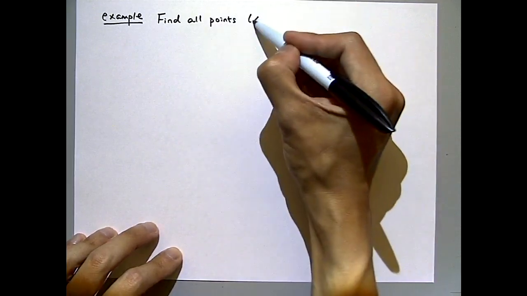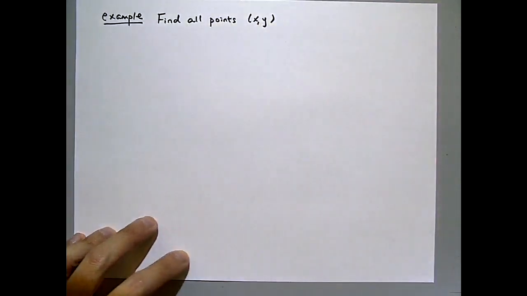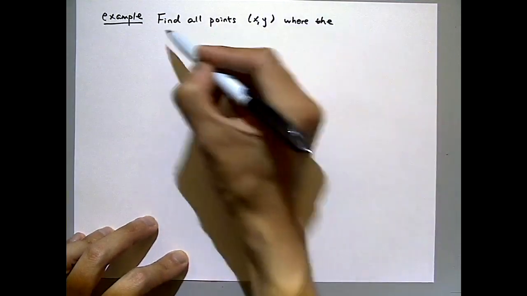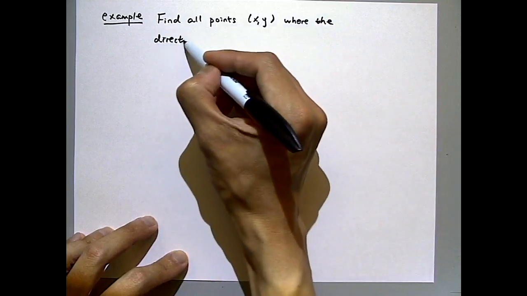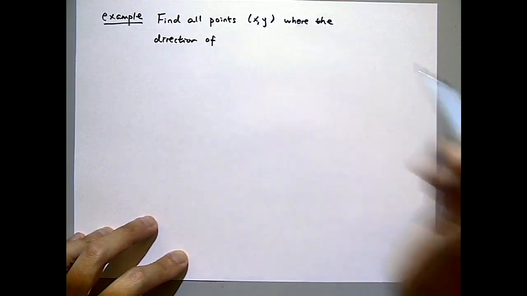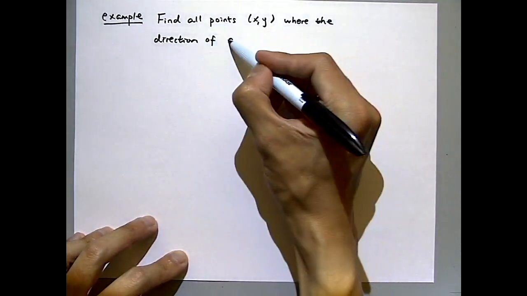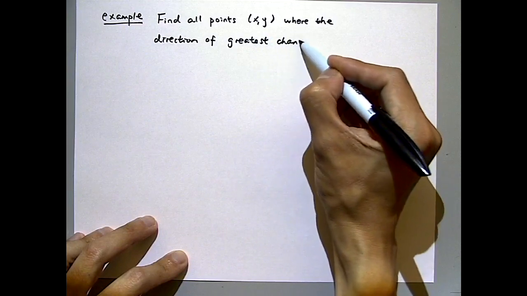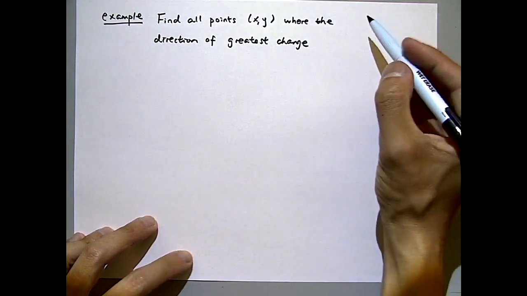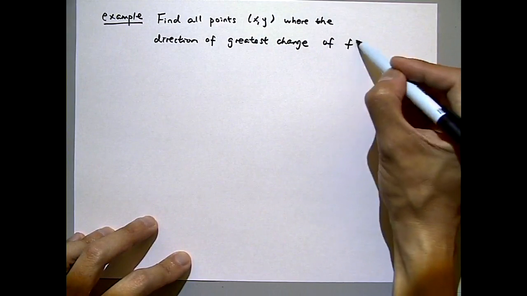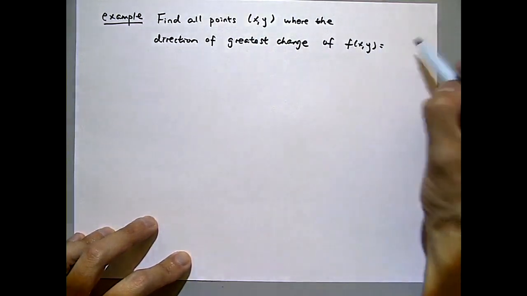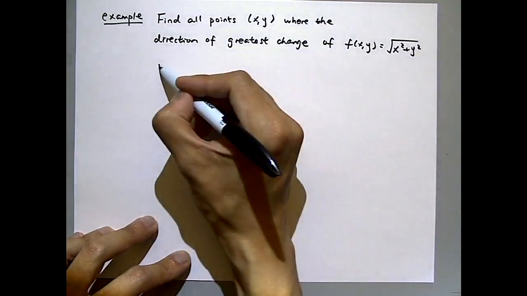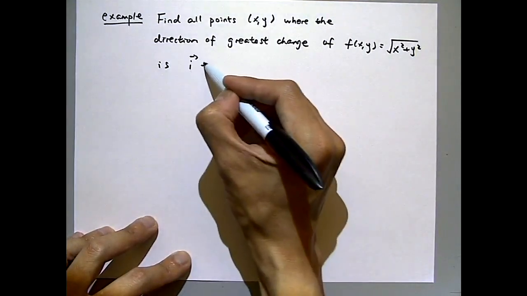Find all points (x, y) where the direction of greatest change of the function f of x, y equals the square root of x squared plus y squared is i plus j.